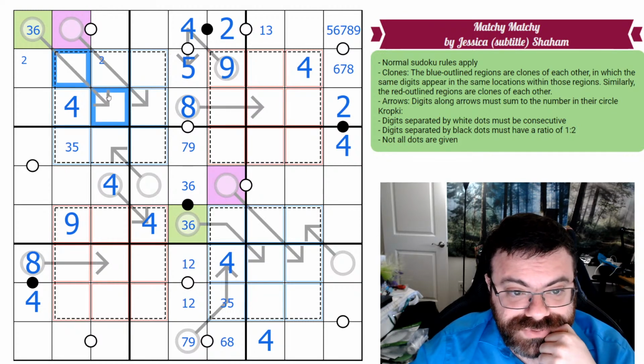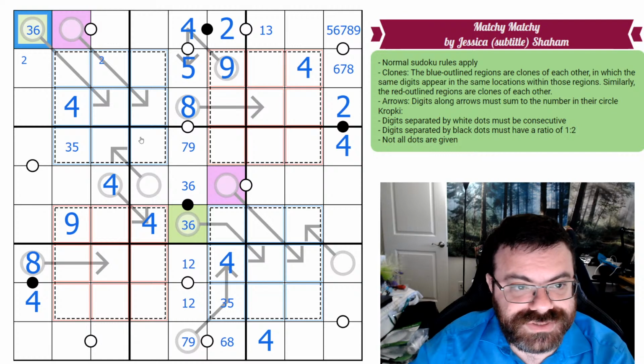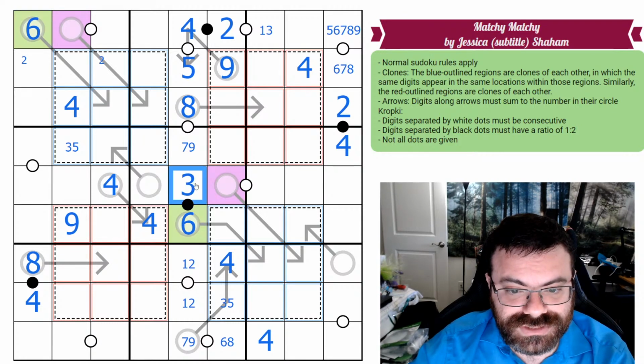Neither of these can be 2 now. Yep. So this can't be 1, 2, just add to 3. So this is 6. That's 3. Green is 6. That's good to know. We can remove the color.